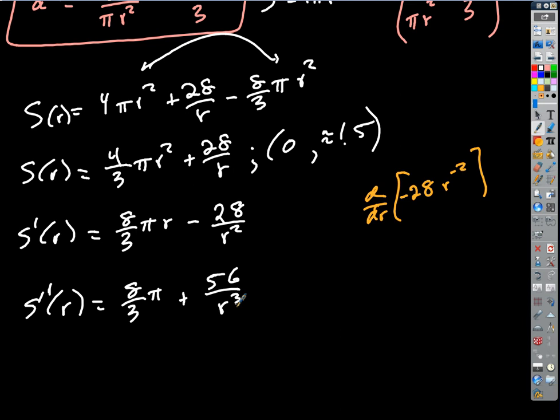So this is greater than 0 on our domain. But we do need to go back to our first derivative and see if we have some critical numbers. One of them would be 0, but 0 is not in our domain, so we don't care, since that's where it's undefined. So now we've just got to set the first derivative equal to 0.